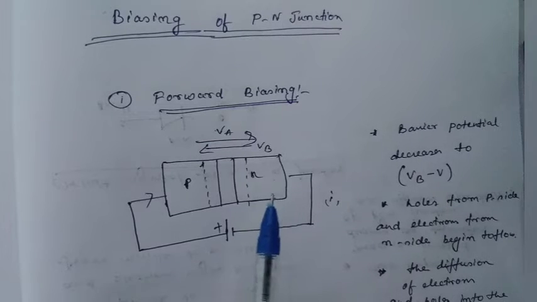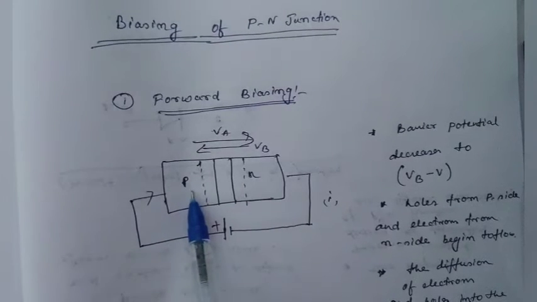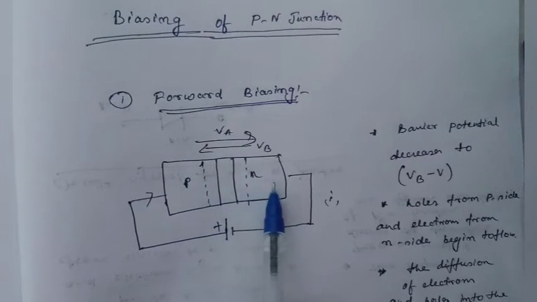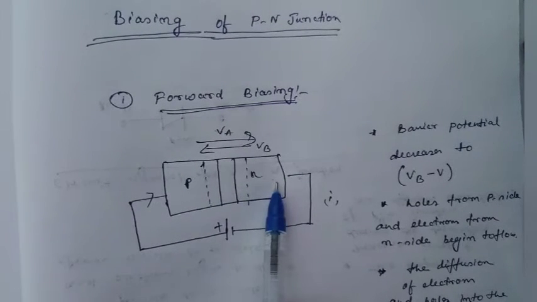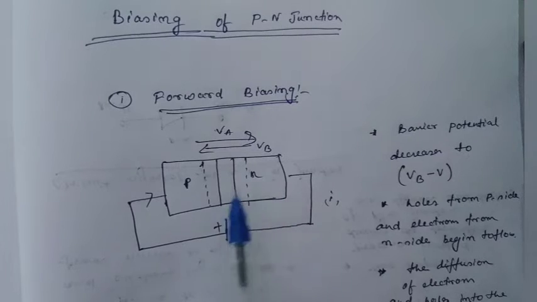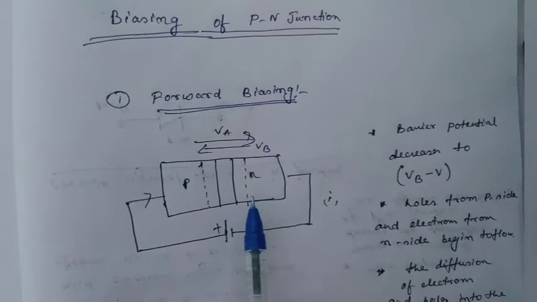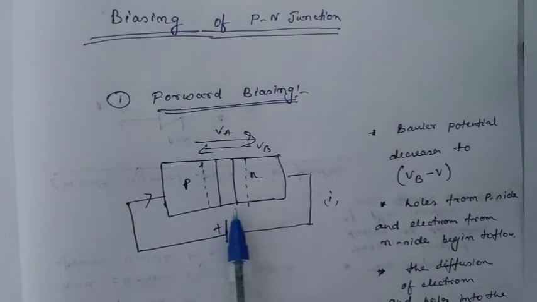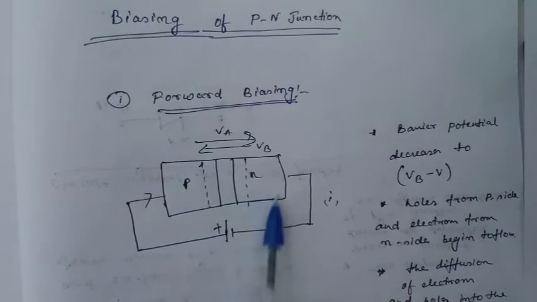Now the majority charge carriers, that is the holes from the P side and electrons from the N side, begin to flow towards the junction, and as a result the diffusion of electrons and holes into the depletion layer decreases its width. So the forward bias is in such a way.